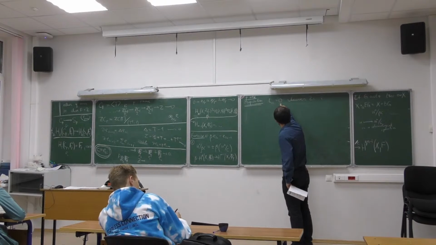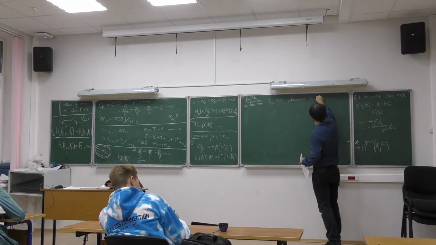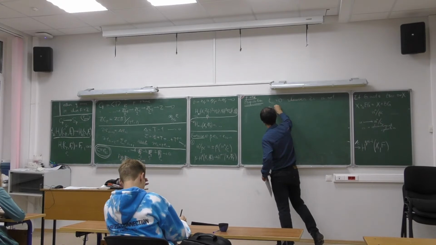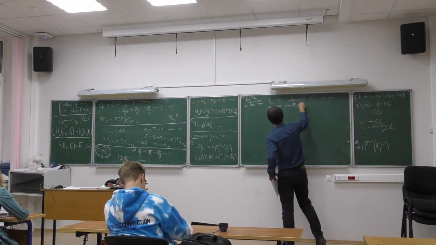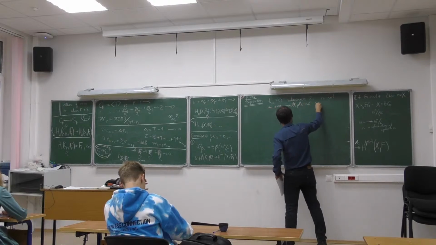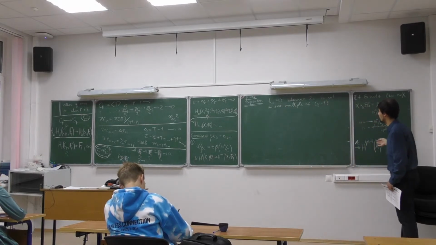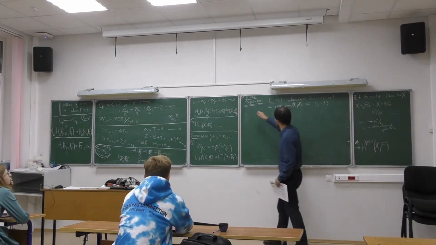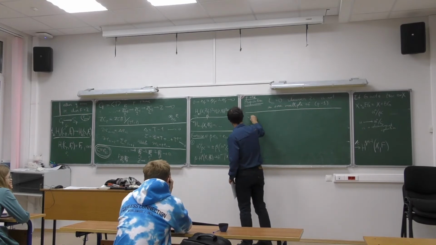H_{2i} is 0 whenever 2i is not an even multiple of p minus 1. In other cases, this can be non-trivial only if i is divisible by p minus 1.